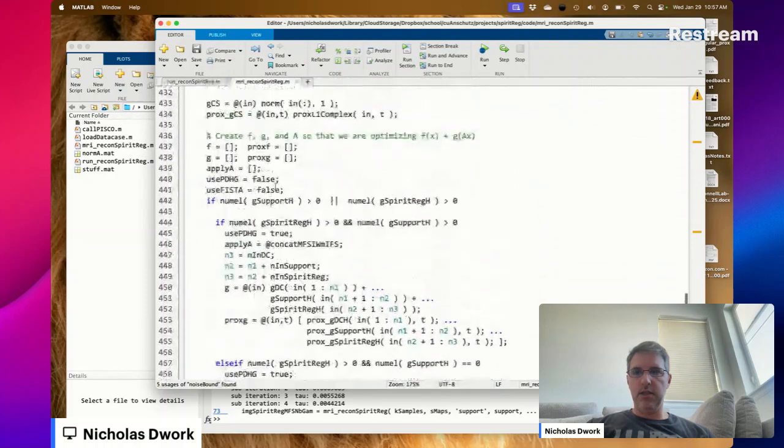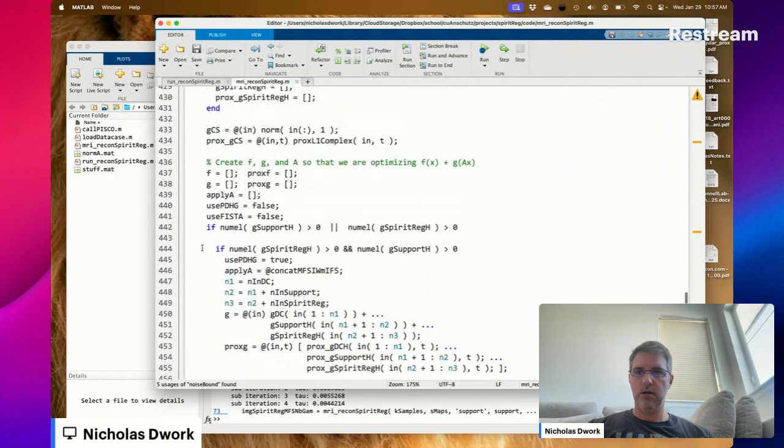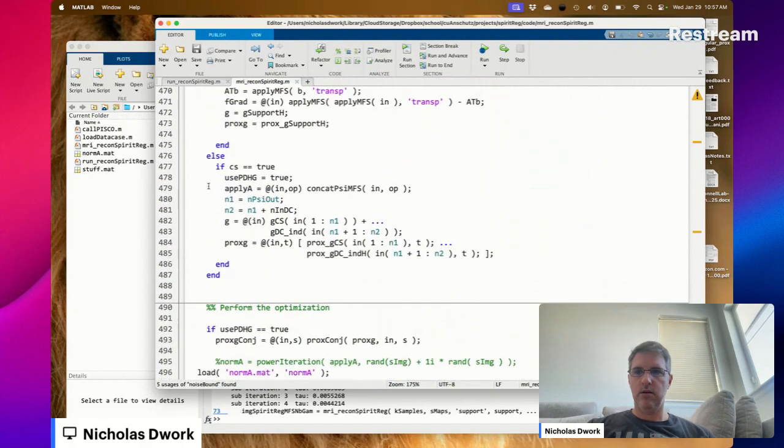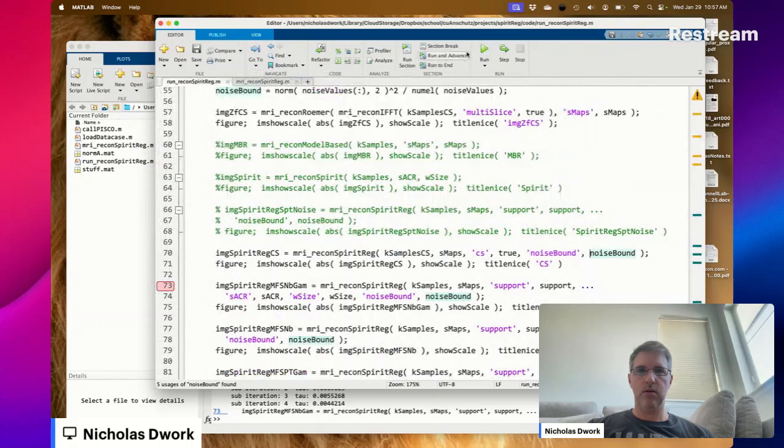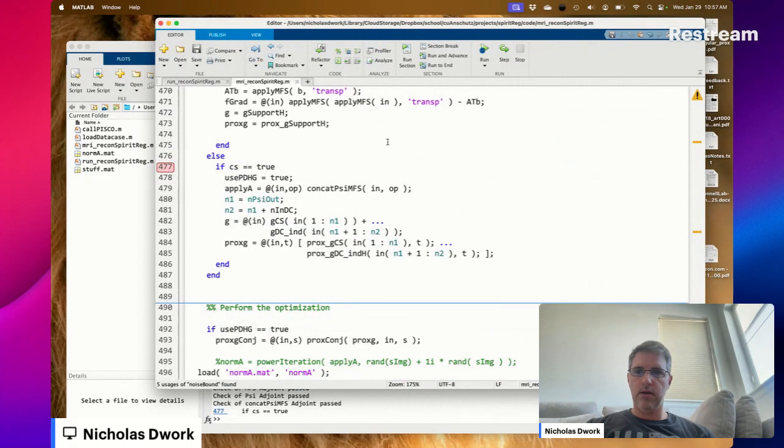You know, let's just step through this code. Okay.